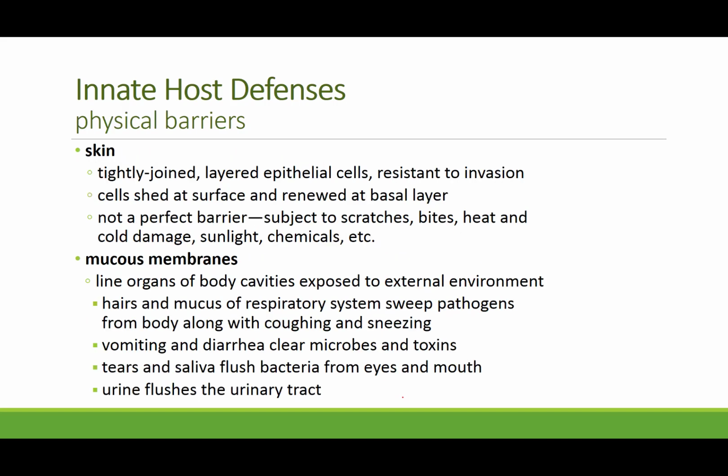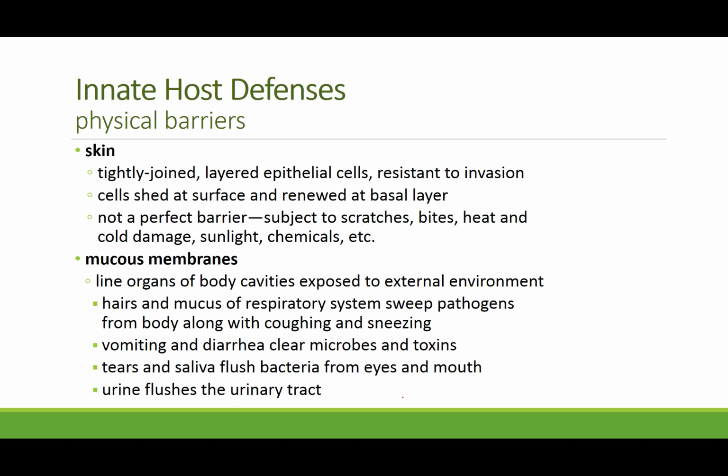Okay, so let's start by talking about these physical barriers. Skin, if you remember from an anatomy and physiology class that you may have had, epithelial tissues like skin are very tightly joined together. So they have these intercellular connections that hold them very closely together and prevent molecules or bacteria or other stuff from getting through these layers of epithelial cells.